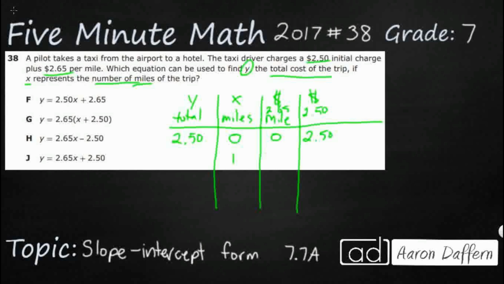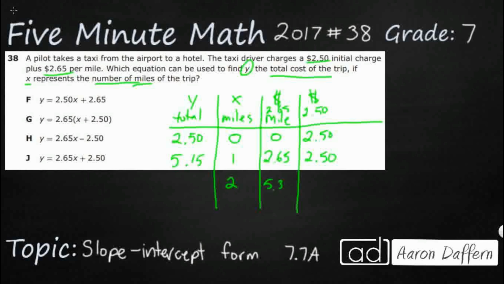All right, so now you're going to go 265 plus this 250. So you add that up and you're going to get 515. So that seems like a big jump, but when you go 2 miles, this 265 doubles, and that's going to be, what, 530?